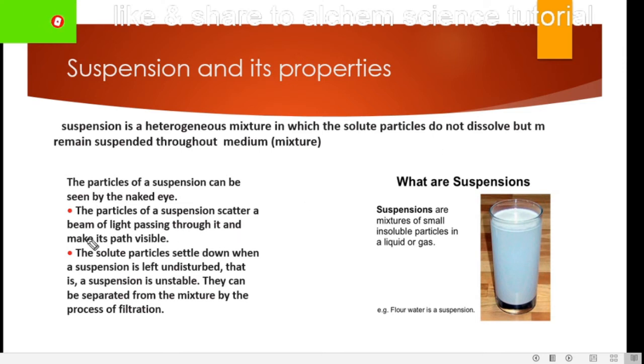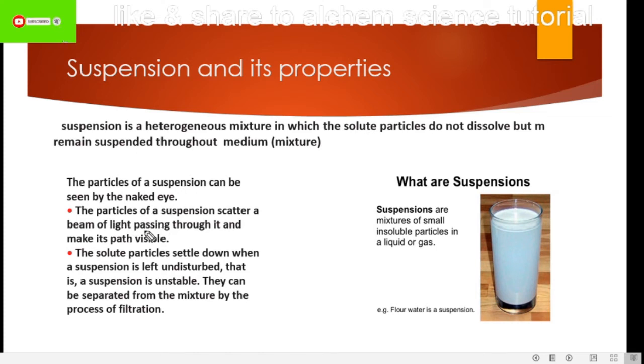Suspension has the following two or three properties. First, the particles of a suspension are easily visible; you can see them very easily without using any microscope.